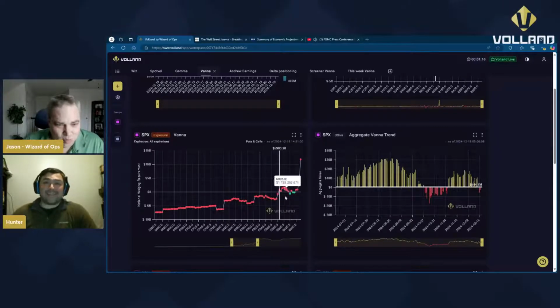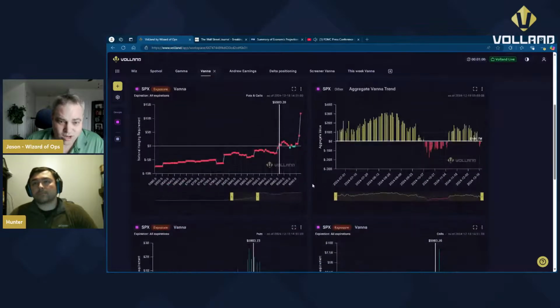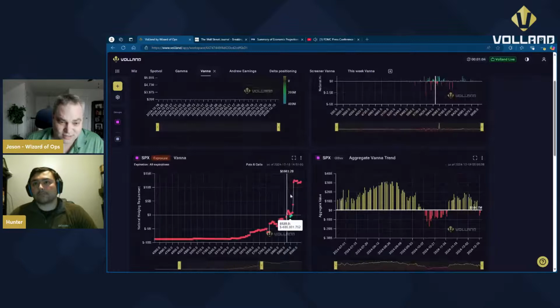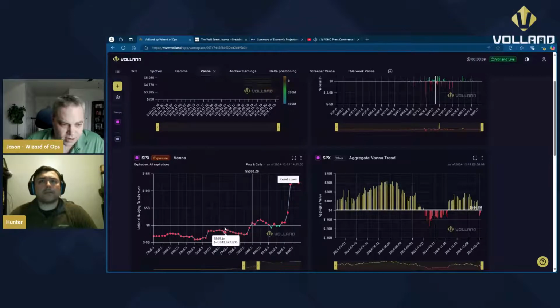Like I said, sit on hands. They're slowing maybe here because there's no lower area. We are now positive Vanna, but it's not a lot of positive Vanna. Right here, a little bit of support.